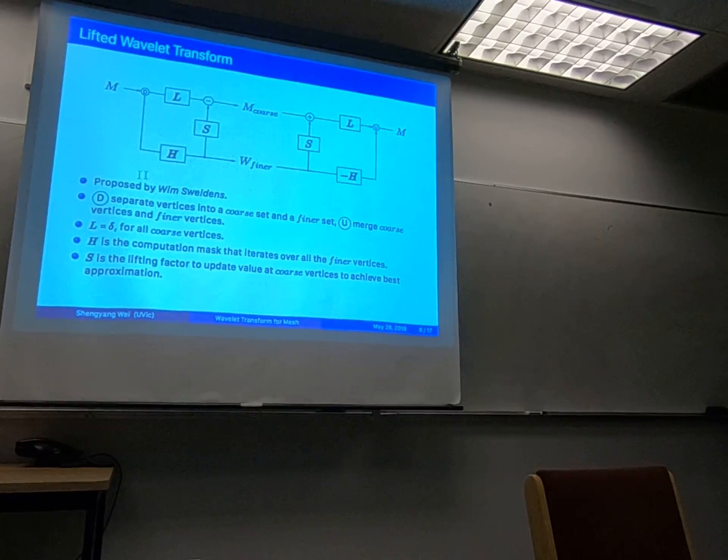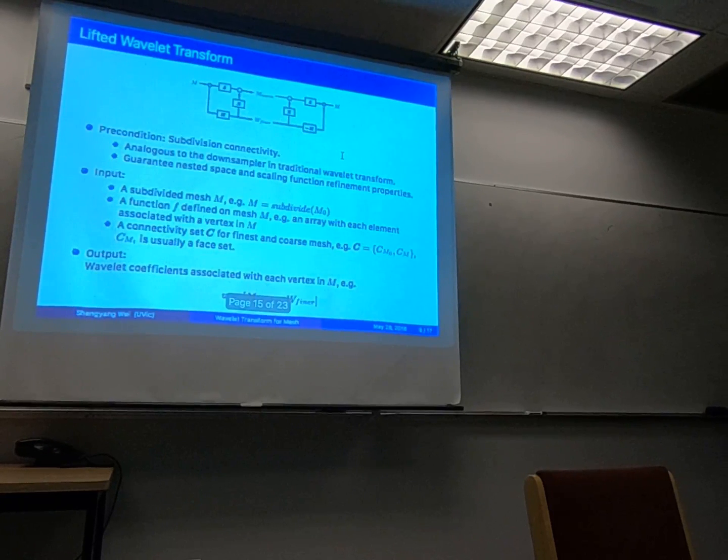And the left part is the forward wavelet transform, and the right part is the backward wavelet transform. So in a general view, the lifted wavelet transform takes an input function depending on a subdivided mesh. A subdivided mesh means the mesh has subdivision connectivity. So why is the subdivision connectivity important?